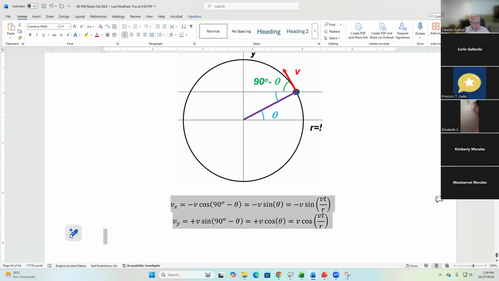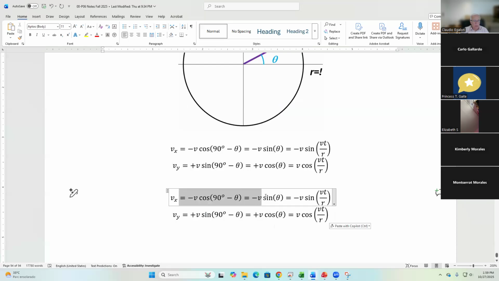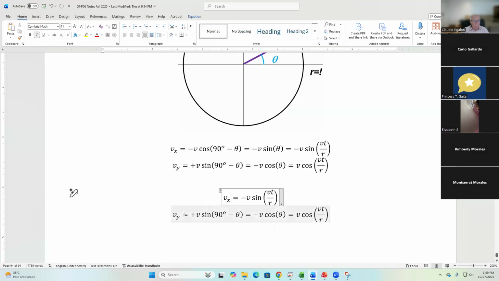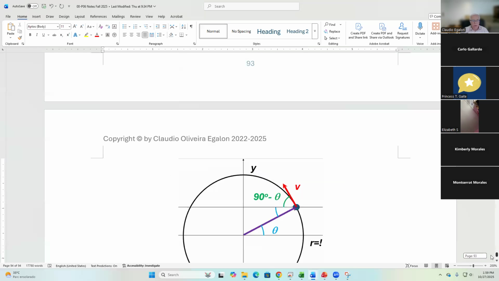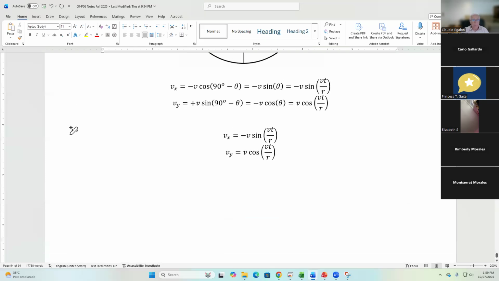Let me here write the x and y components. Here you go. That's what the x and y components should look like. And then when you go home, test the above two equations for angles in the second, third, and fourth quadrant.